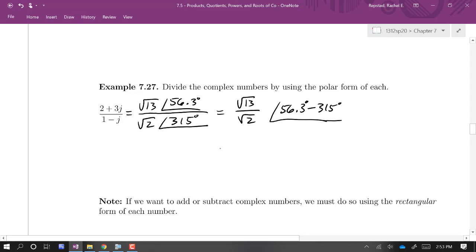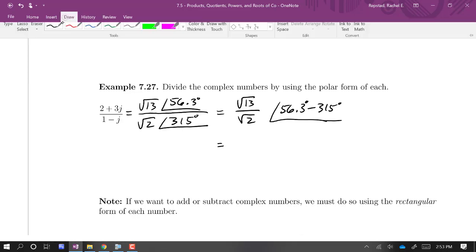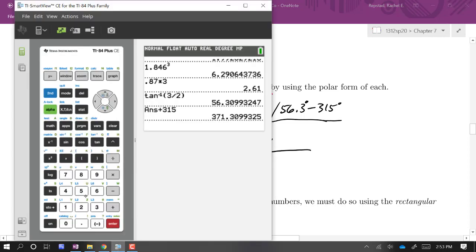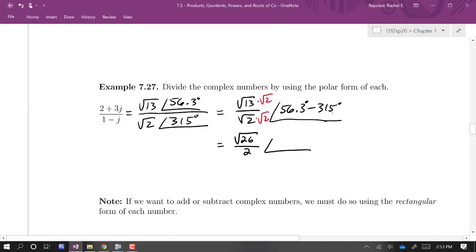I'm going to do a couple of things here. First of all, the root 13 over root 2, I'm going to just rationalize that fraction by multiplying top and bottom by root 2. So then we get root 26 divided by 2. And this angle, 56.3 minus 315, is negative 258.7.